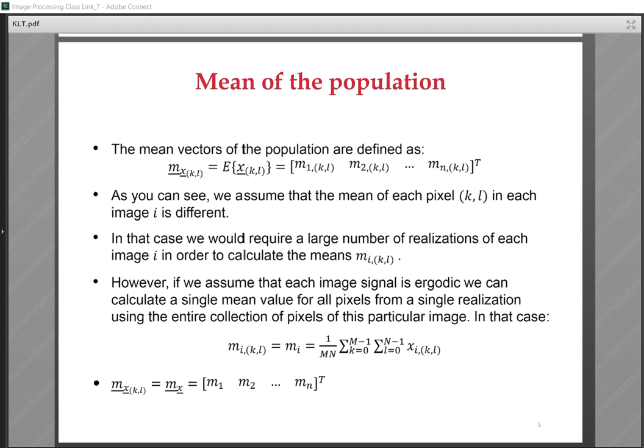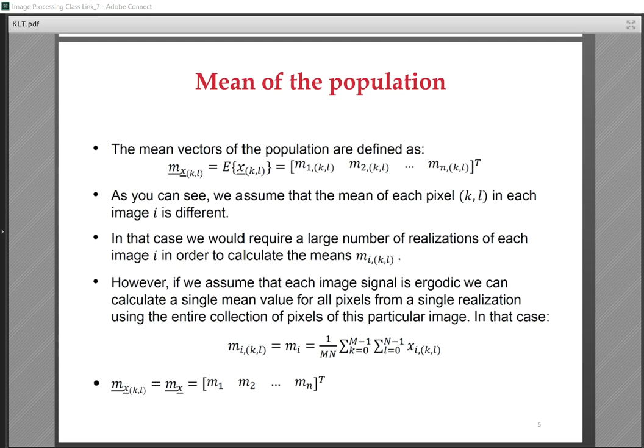As you can see, we assume that the mean of each pixel (k,l) or (i,j) in each image i is different, because image 1 is different from image 2 and all other images.